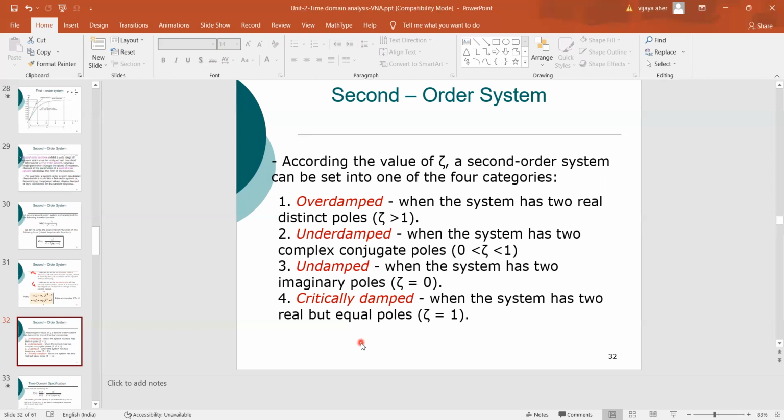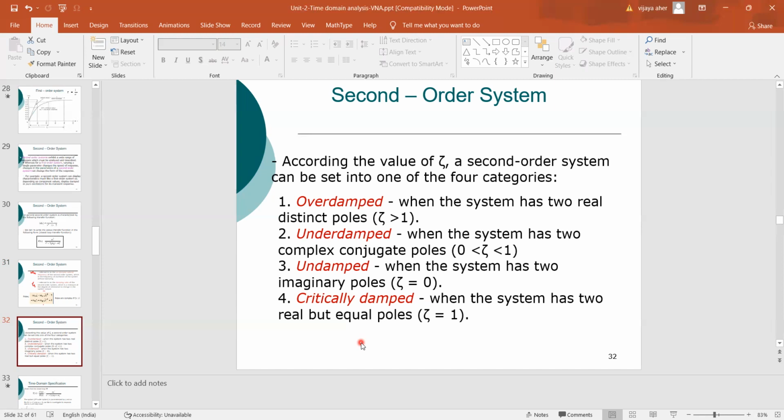Now we are going to start the time domain analysis for second order system. Up to here you have understood what is second order system, what is the equation, how you are going to represent second order system, assuming here omega n natural frequency is constant, but the value of zeta is changing.